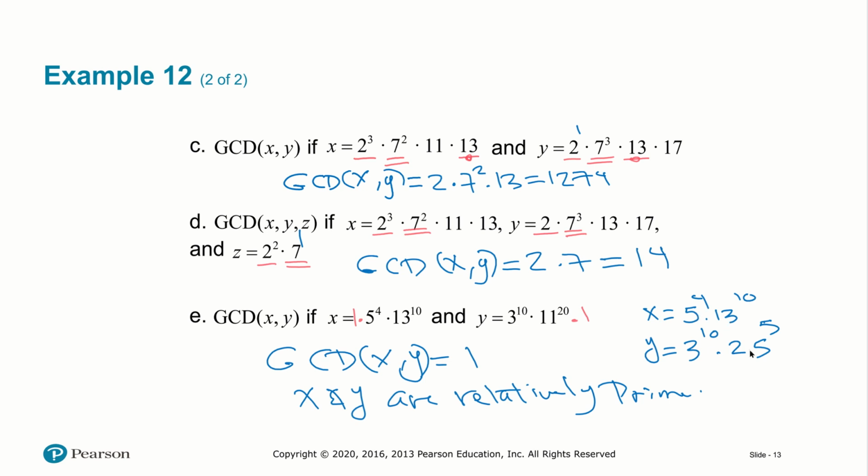Even though these look different, these two are actually related, aren't they? So you can't make this determination if all the factors are not prime. Here, this factor is not prime.